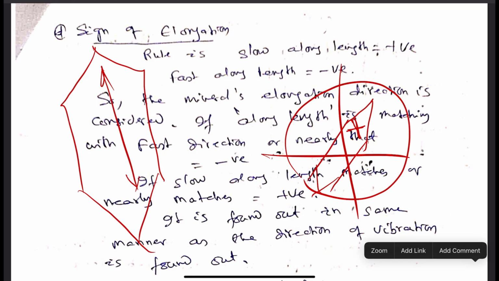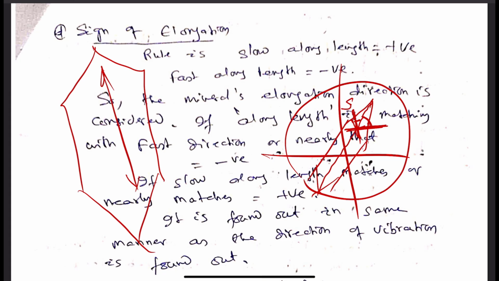So here these are the vibration directions. To the elongation direction, whether this is closer or this is closer, that we can find out, because we will identify this one or this one. If this becomes slow, this will become fast. As the elongation direction is not exactly matching with this direction, in that case the closer angle is being taken.